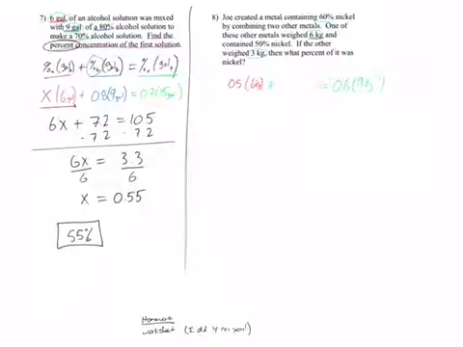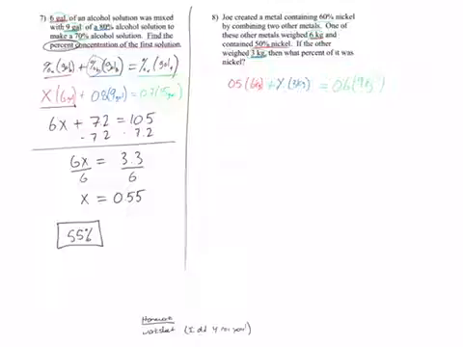So 6 kilograms, 50% nickel. If the other weighed 3 kilograms, what's the percent? So we have 3 kilograms here, and I'm looking for the percent that goes with it. So then, all we have to do is go about solving that.